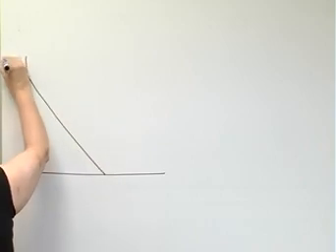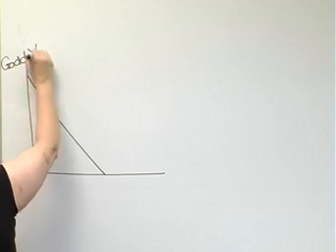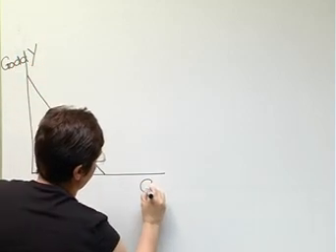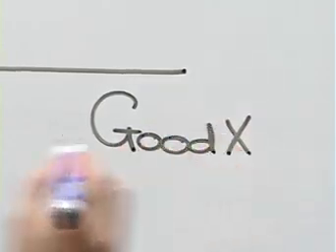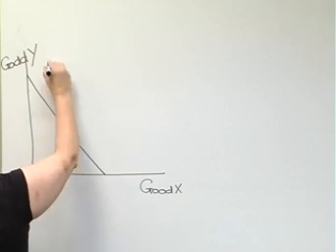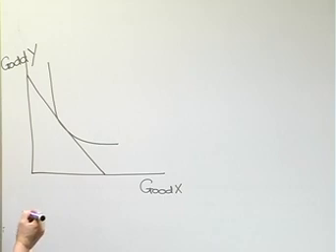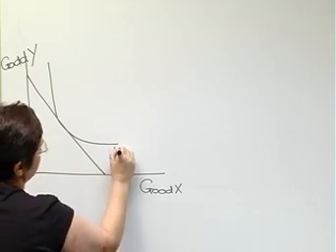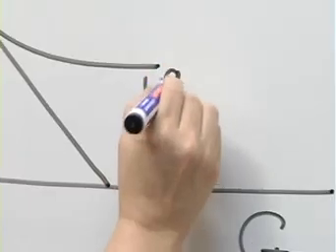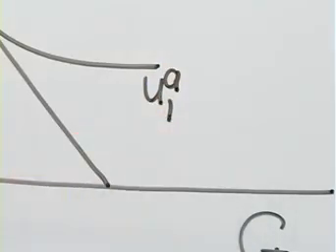In this case, this is good Y and good X. And when it comes to choices, this person has a specific indifference curve, and this we call utility A of person A, the first one.